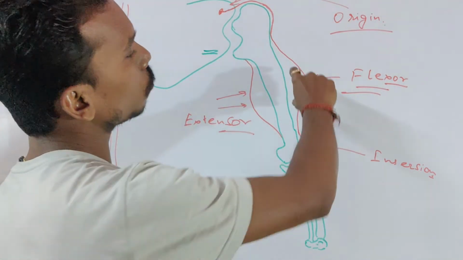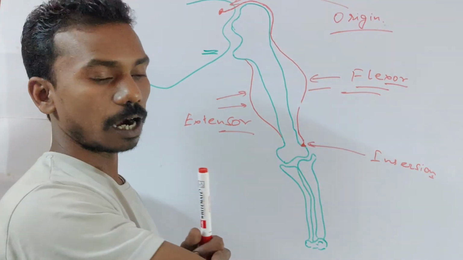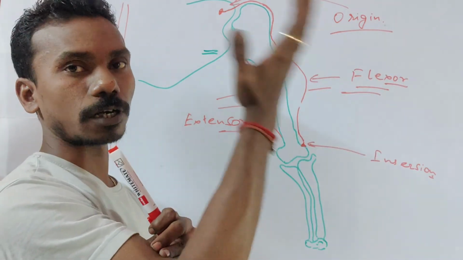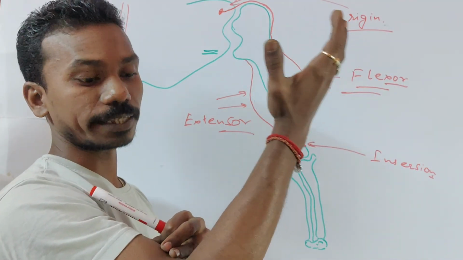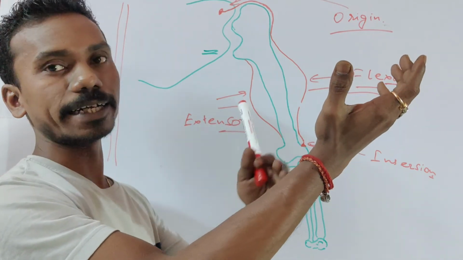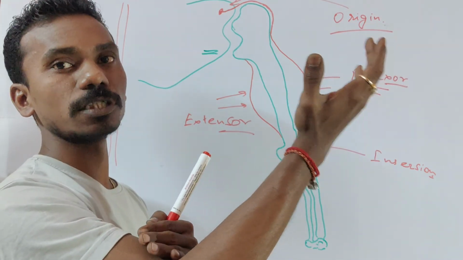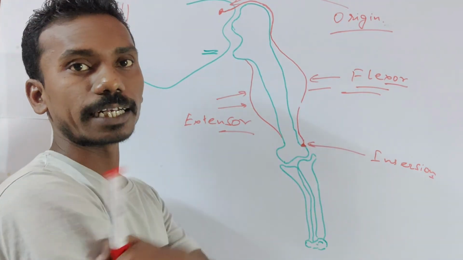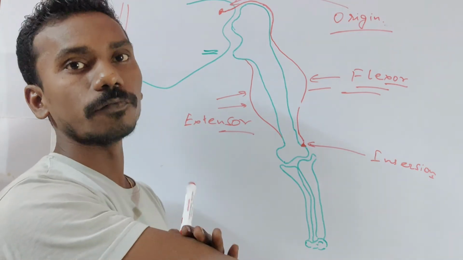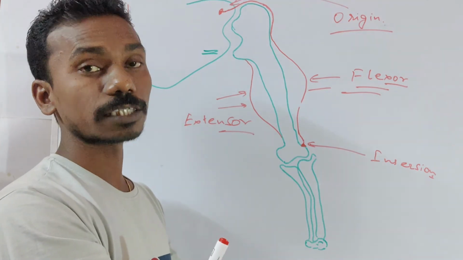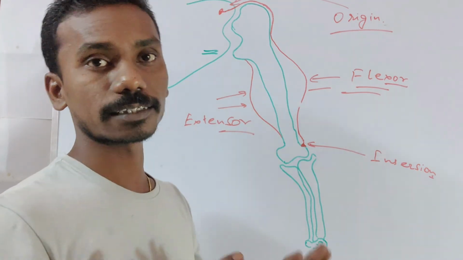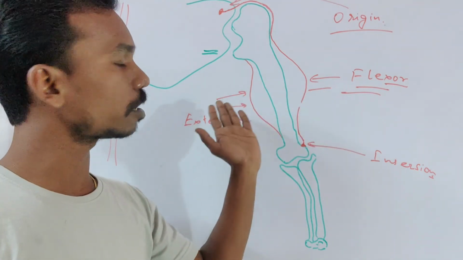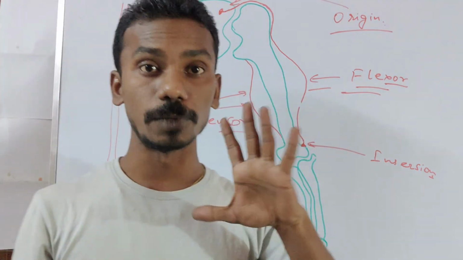That means if you contract the bicep, your arm will move upward, and the angle between the humerus and the radius and ulna will be reduced. And if you contract the extensor muscle, that is the tricep, then the angle will be larger and your hand will get stretched. This is the basic concept behind origin, insertion, extensor and flexor muscles.